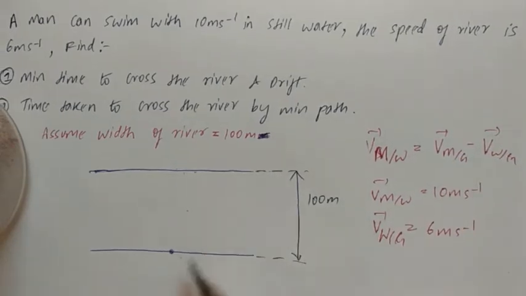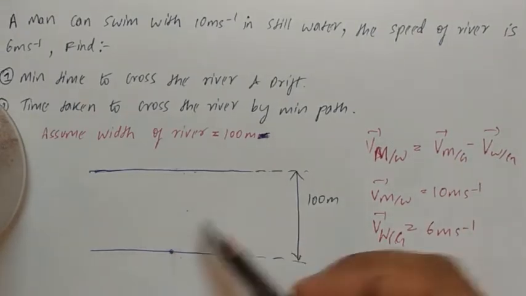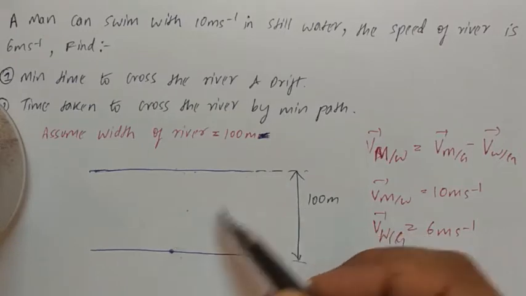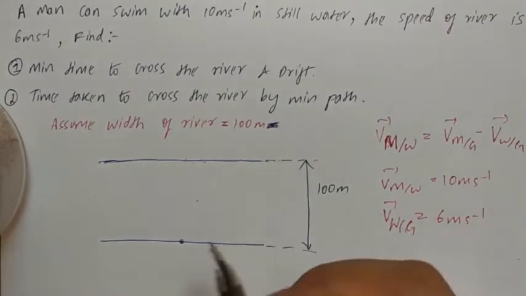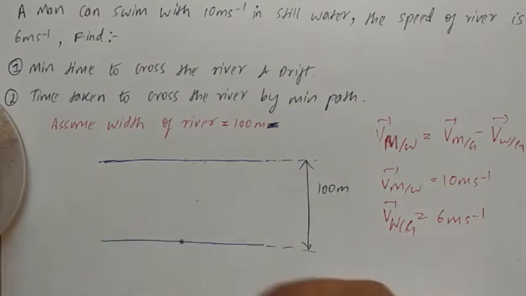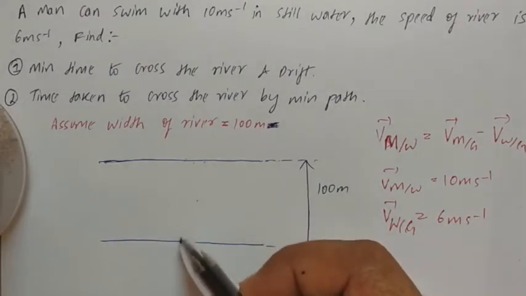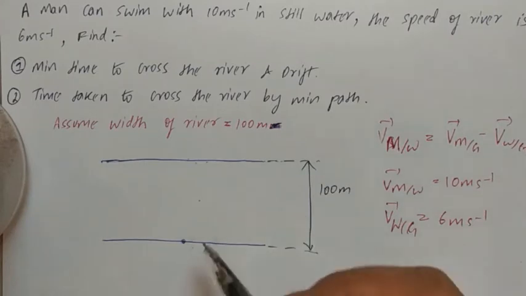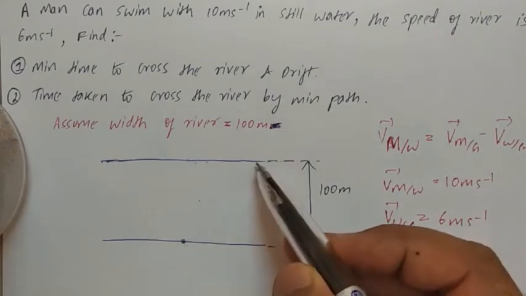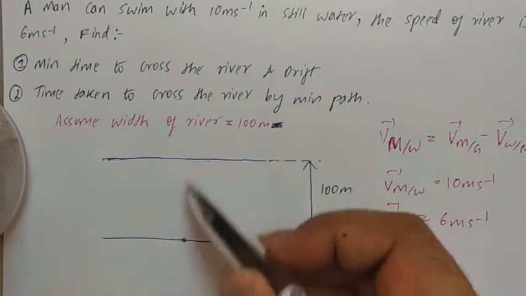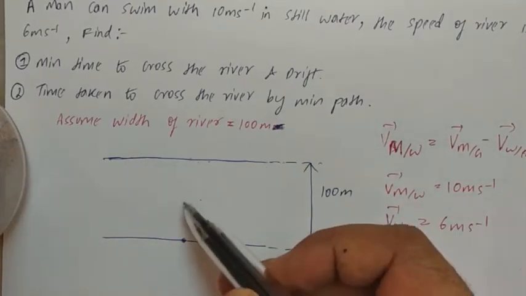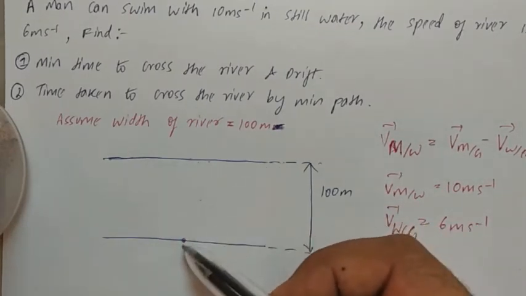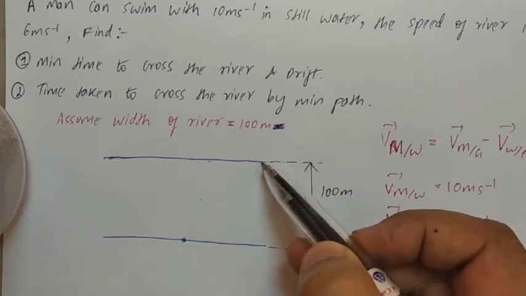If he starts in any other direction, then he might have to cover a larger distance, so it will take more time. Secondly, if the river is moving and he starts in this direction, he might end up at some other point. He was hoping to reach here, but the river would be drifting him to this point.